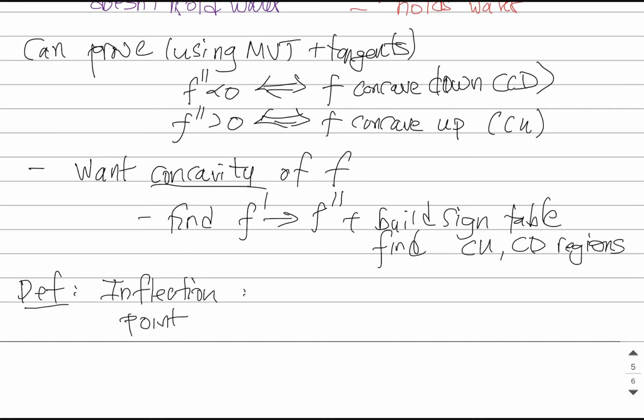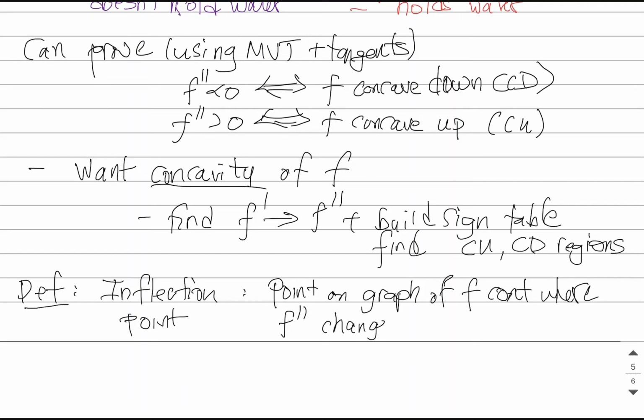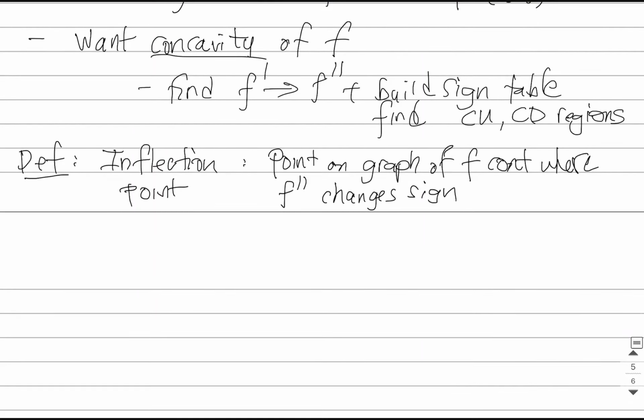It's a point on the graph of a function that is continuous where f double prime changes sign. Remember how the first derivative test was all about where the first derivative changed sign? We are going to be interested in hunting for spots where the second derivative changes sign.